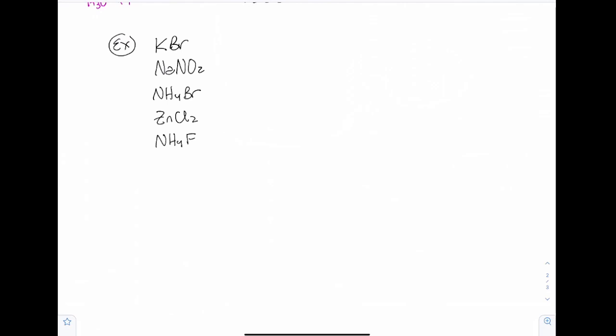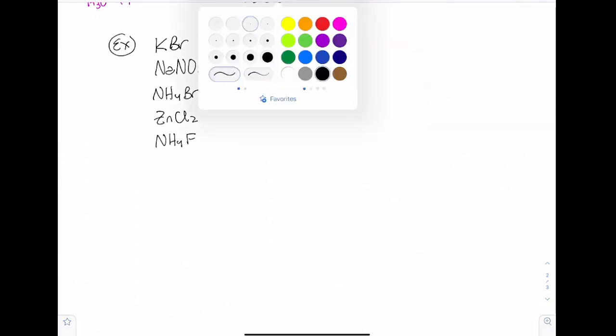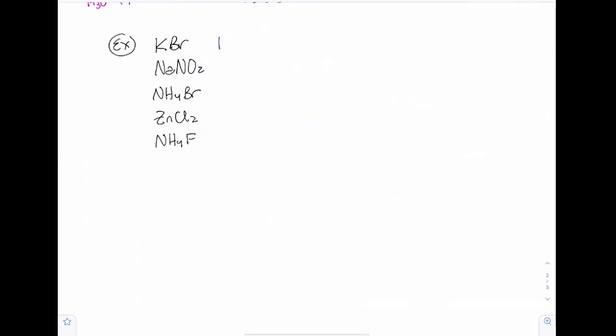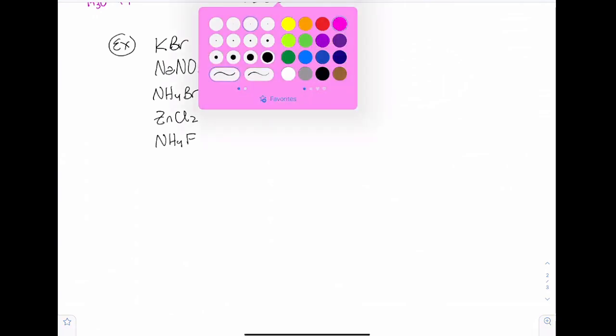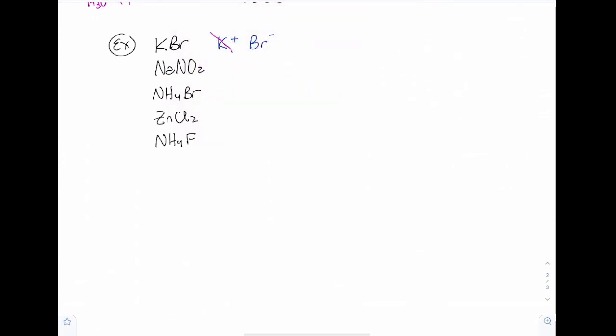All right, hopefully you guys had some success on that. So the first step might be to just split them into ions. So I do have potassium ions and then bromide. Potassium ions are group 1A cations. Those are always going to be inert. Those are never going to react with water to produce hydroxide ions or hydronium ions.